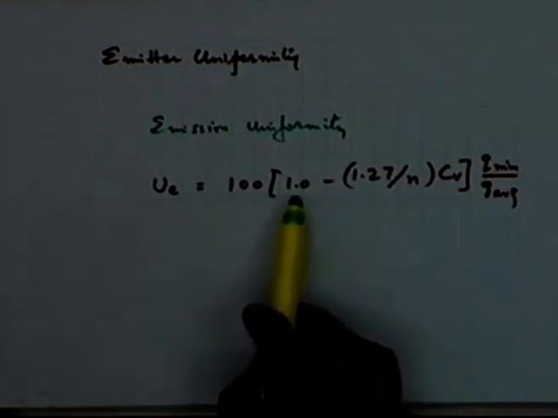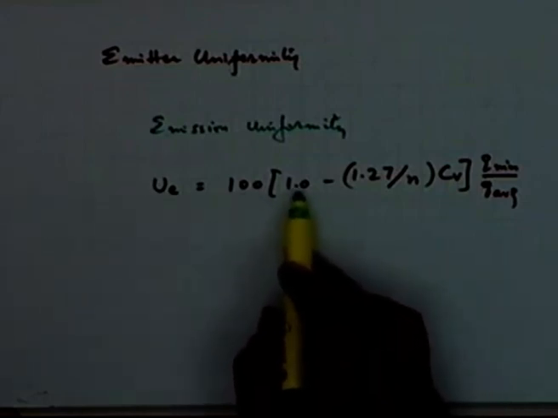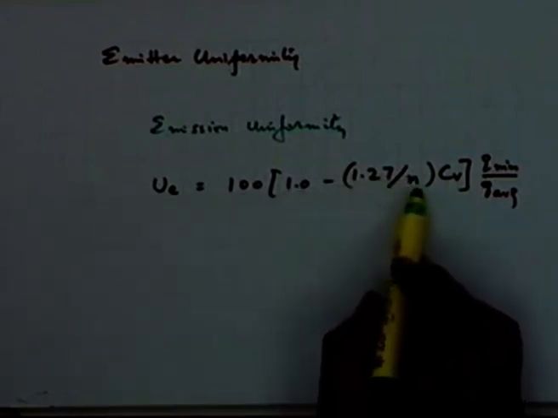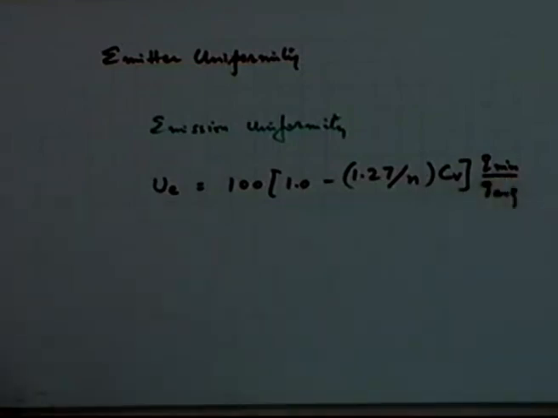100 into, since it is expressed in percentage, so 100 into 1 minus 1.27 by root N into CV, Q minimum divided by Q average.